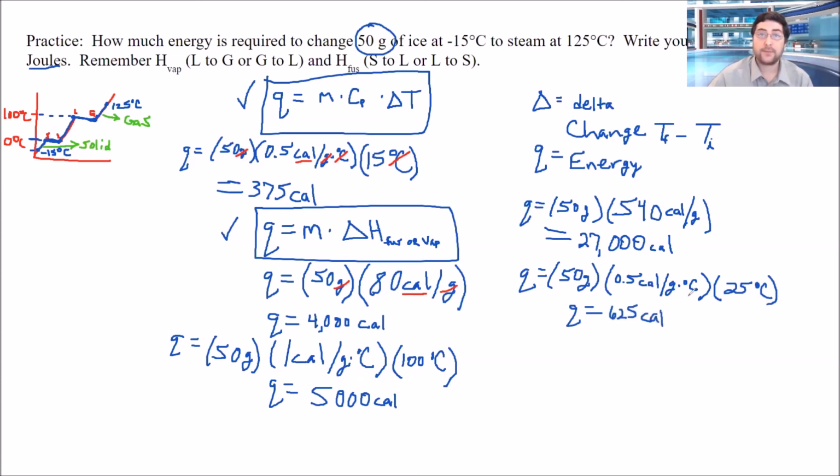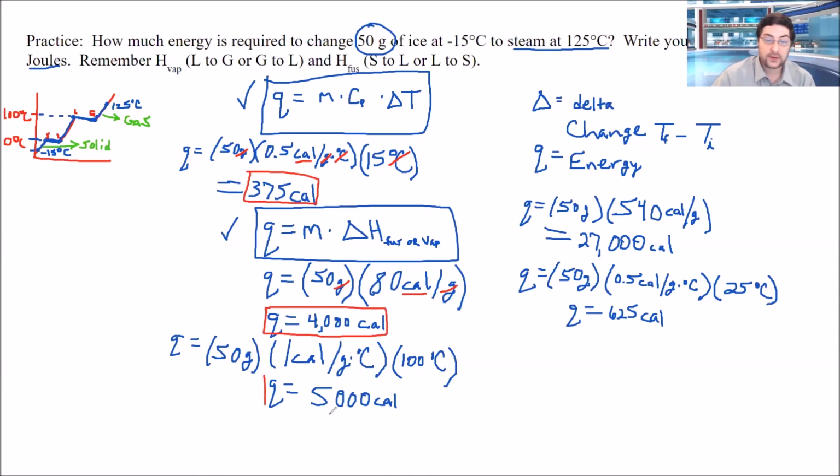And at that point, we have finished the requirements of the problem, right? The problem said that we want to convert it into steam at 125 degrees Celsius. And that's exactly where we've ended up here. It's in the gaseous state at 125 degrees Celsius. So we did it. We've gotten our individual amounts of energy that it took to do all of these steps along the way.